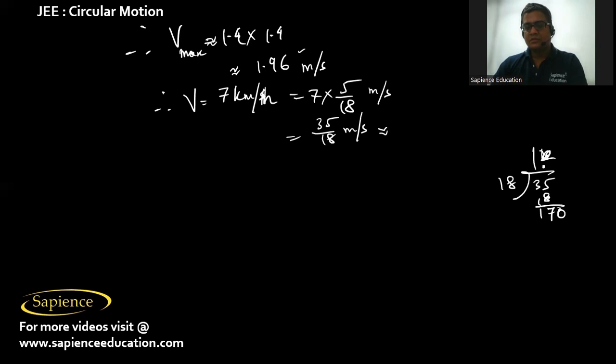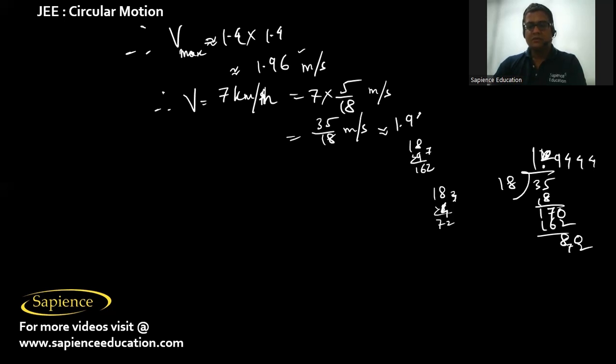So dividing, 18 ones are 18, this is 7 and point, then 0. 18 nines are 162, then it is 8, 80, 18 fives are 90, 18 fours are 72, then again 4444 will come.